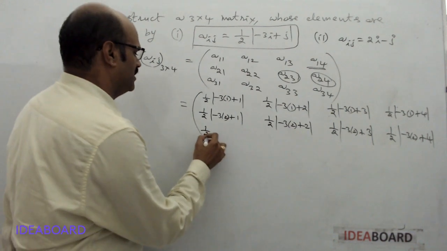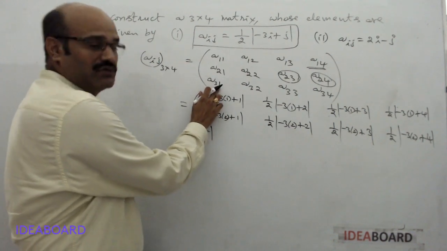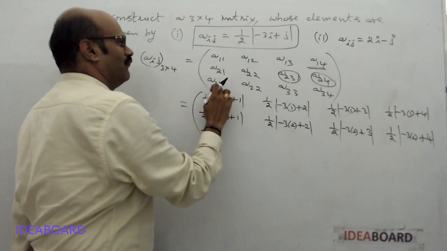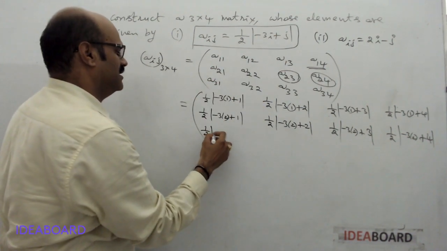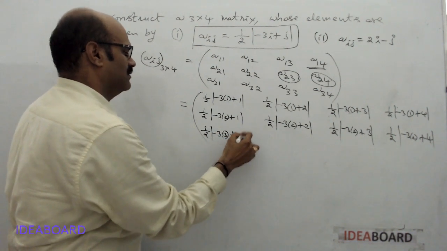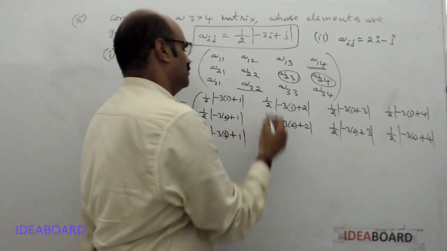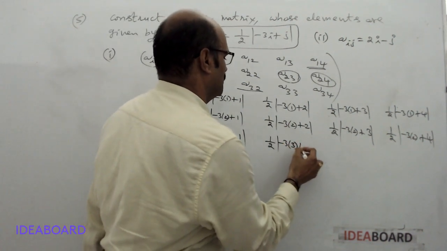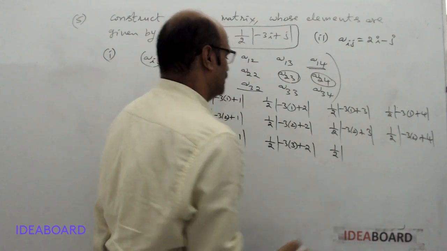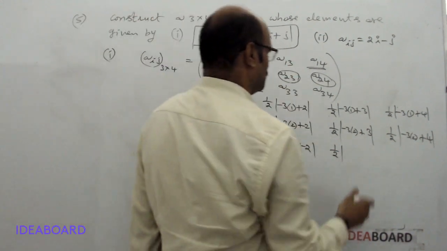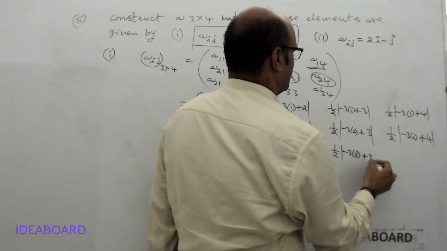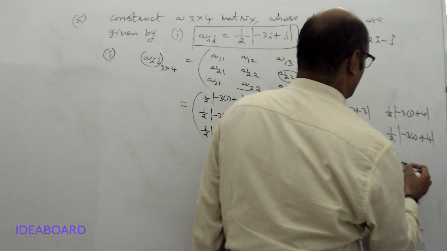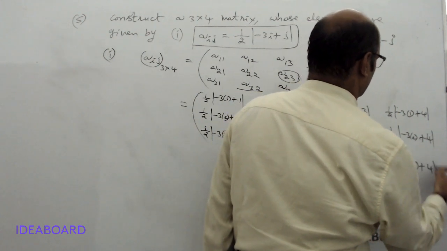Next one, 1 by 2 into A31, i equal to 3, j equal to 1. Write in the place of i 3, in the place of j 1. So 1 by 2 into minus 3 into 3 plus 1. Next A32, 1 by 2 into minus 3 into 3 plus 2. 1 by 2 into minus 3 into 3 plus 3. 1 by 2 into minus 3 into 3 plus 4.